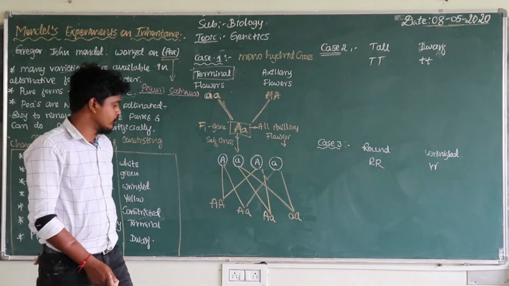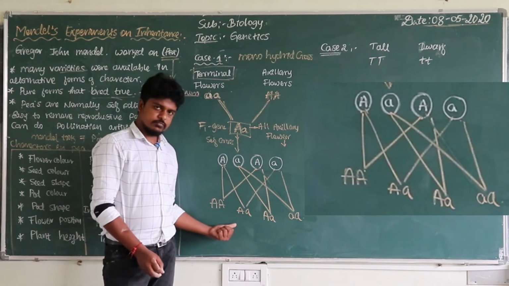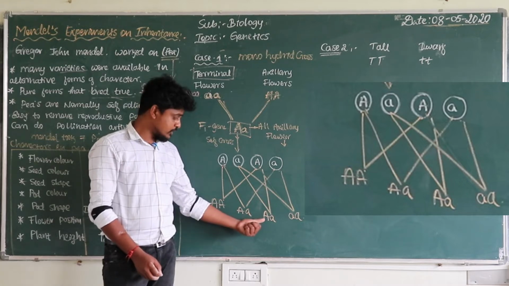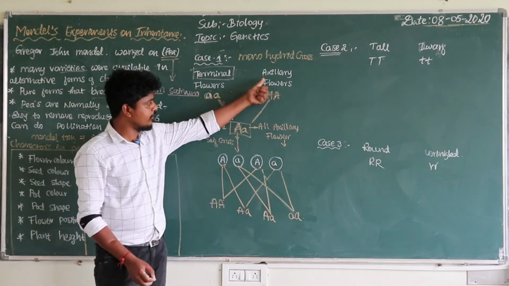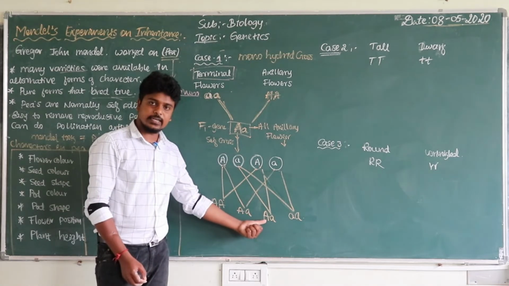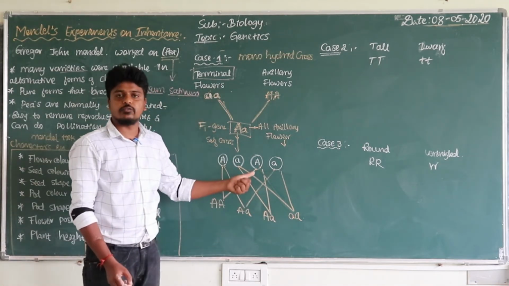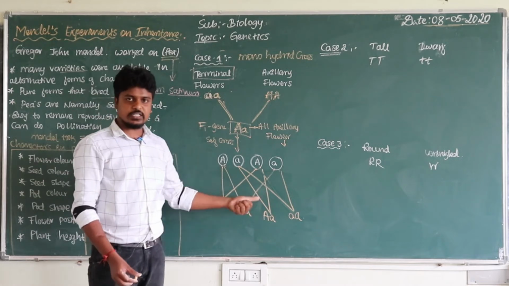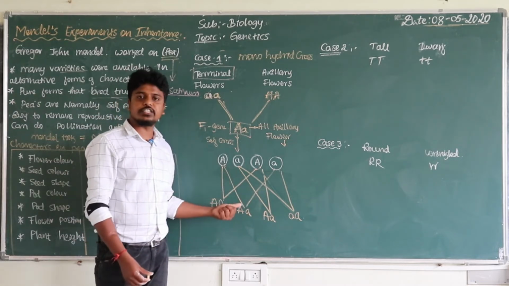So let's have a look here. You can see three different plants that produce axillary flowers. Yes or no? The three plants produce axillary flowers. Only one plant produces the terminal flowers. So these are morphological, which means externally these characters are visible.